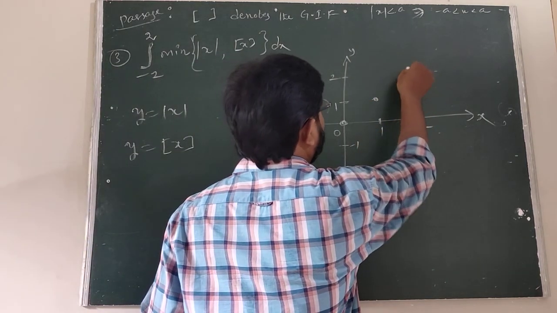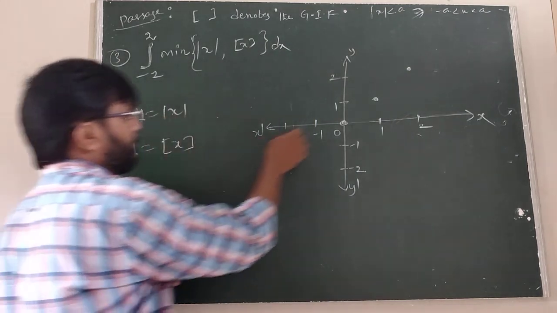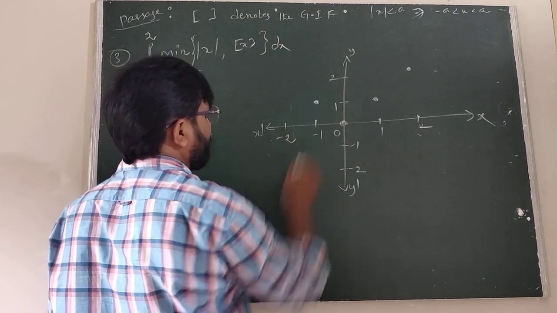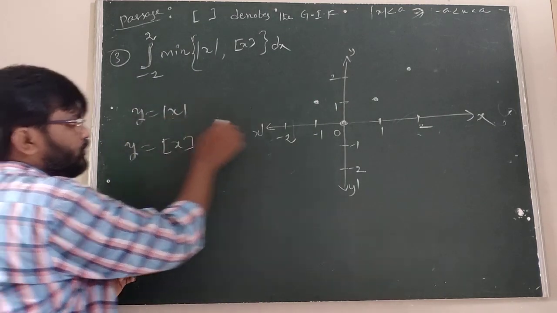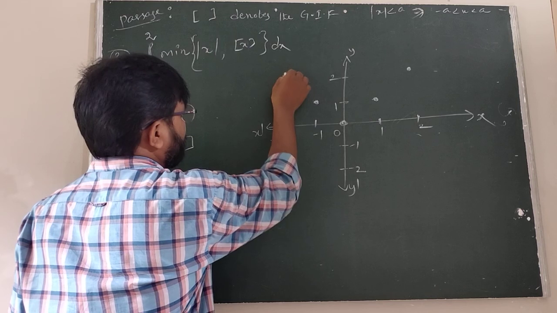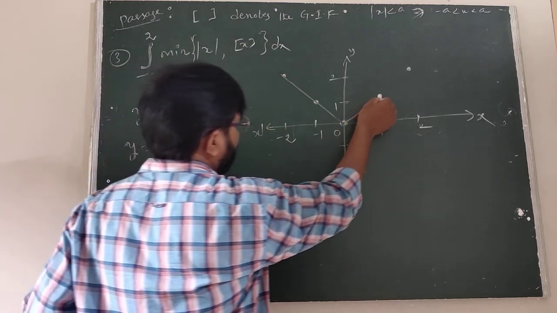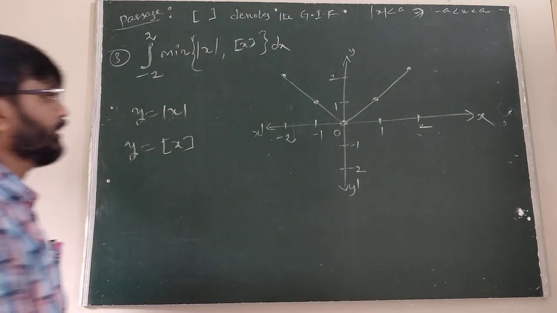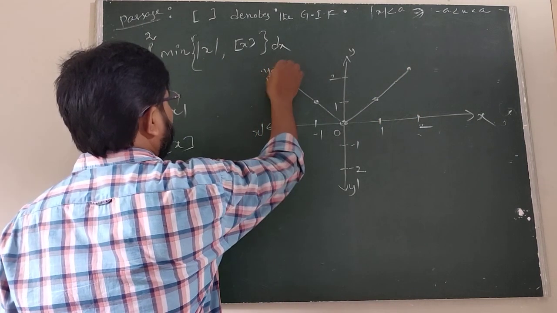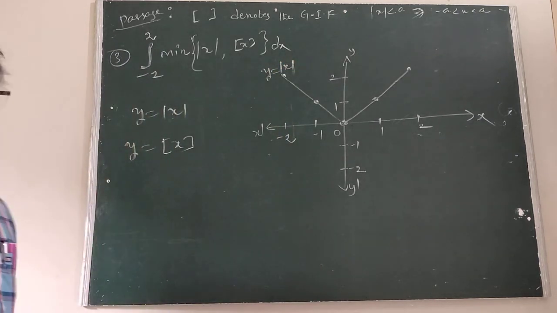When we are taking x as minus 1, mod of minus 1 is plus 1. When we are taking x as minus 2, mod of minus 2 is plus 2. Therefore, this is the graph of y equals mod x.